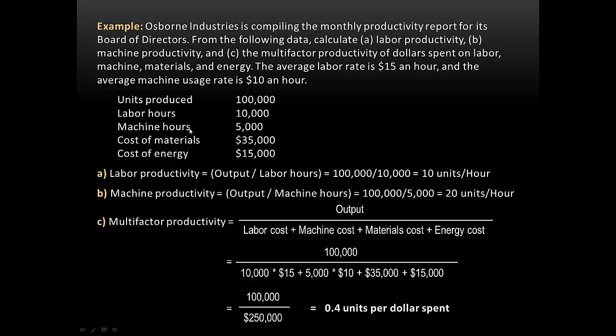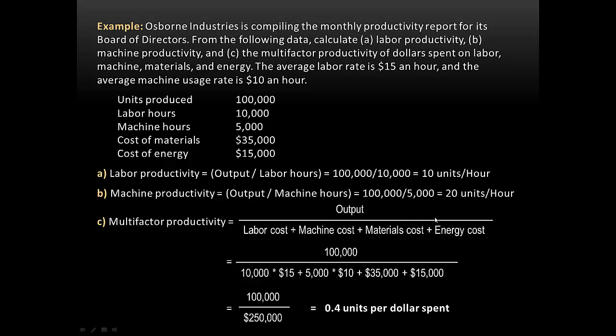Machine hours is given to be 5,000. We don't have a dollar amount, however, we know that the machine usage rate is $10 per hour. So 5,000 times 10 gives us the machine cost. Then we have material cost and energy cost directly given to us, so we put the 35,000 and 15,000 directly there.